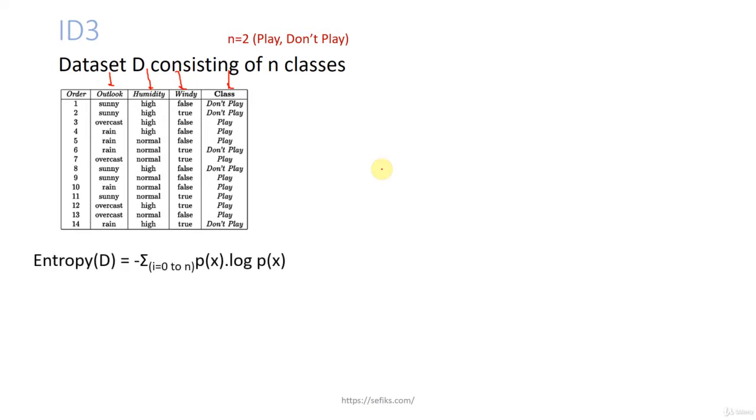Firstly, we are going to calculate the entropy based on this decision class. For its classes, which are don't play and play, we are going to calculate its probability times logarithm of probability to the base of 2.